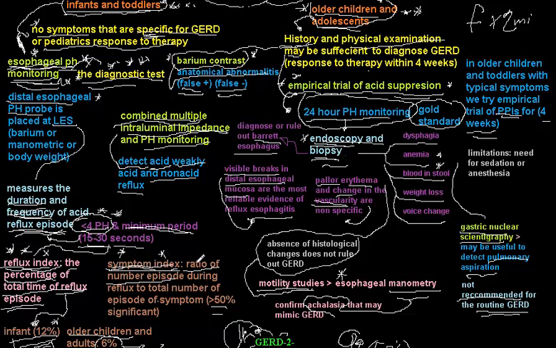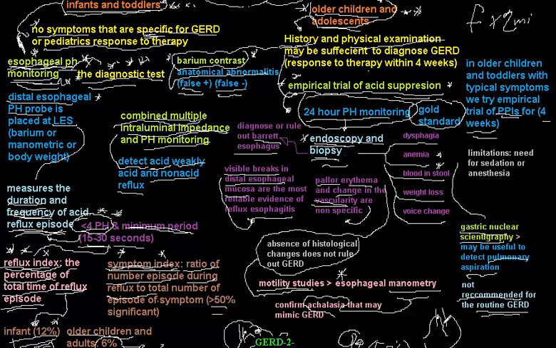What is the symptom index? It is the ratio of the total time of having GERD symptoms during the reflux attack. So this is the esophagus, this is the stomach.